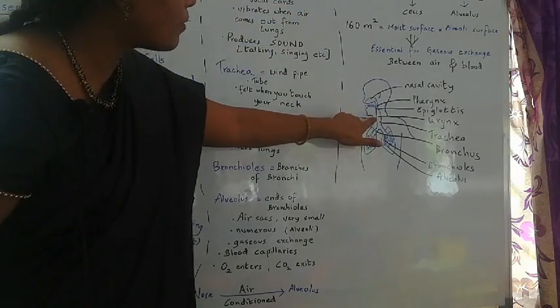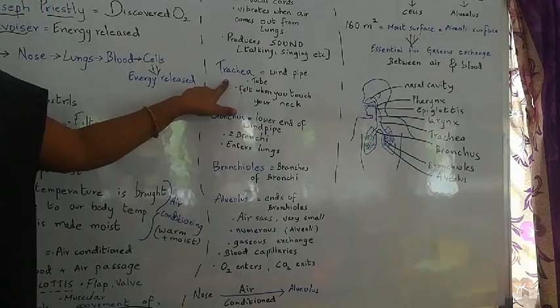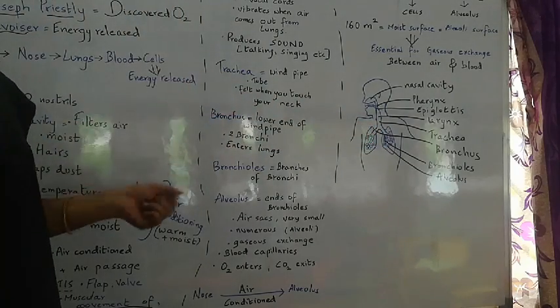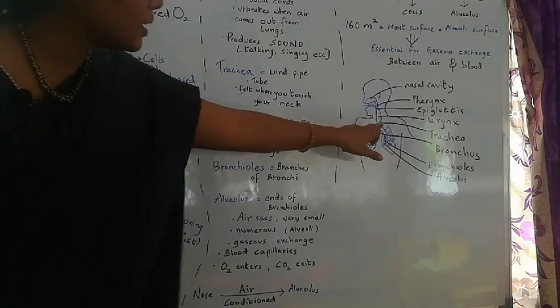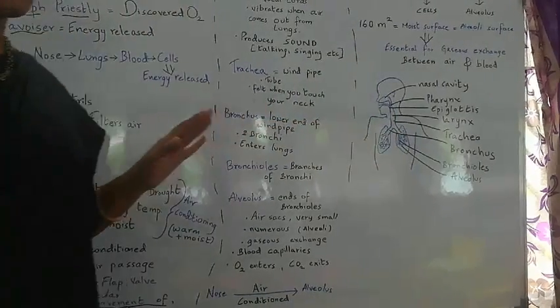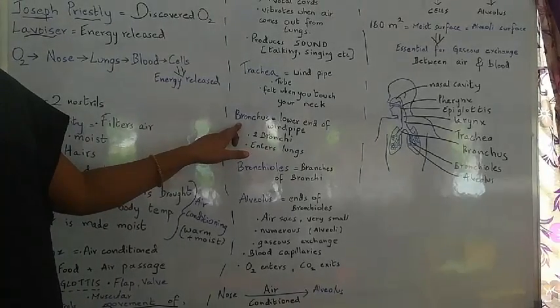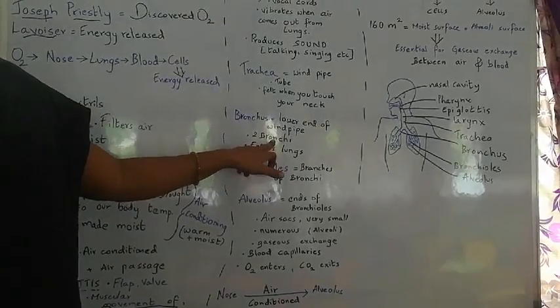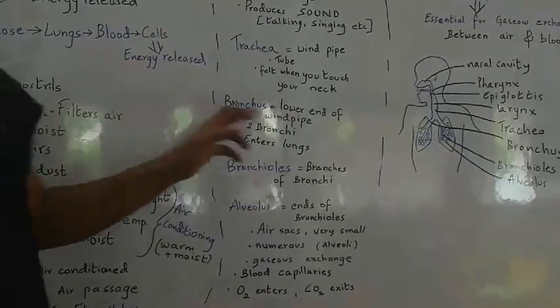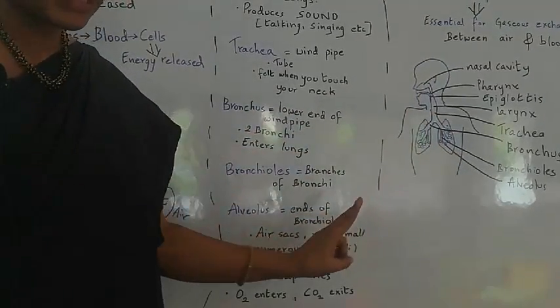Now again, after crossing the neck, what we see is called the trachea, that is the windpipe. Now this trachea, see, it got divided into two structures. What are they called? Bronchus is singular, bronchi is plural, same word, same meaning. If we call them together, we call them two bronchi.